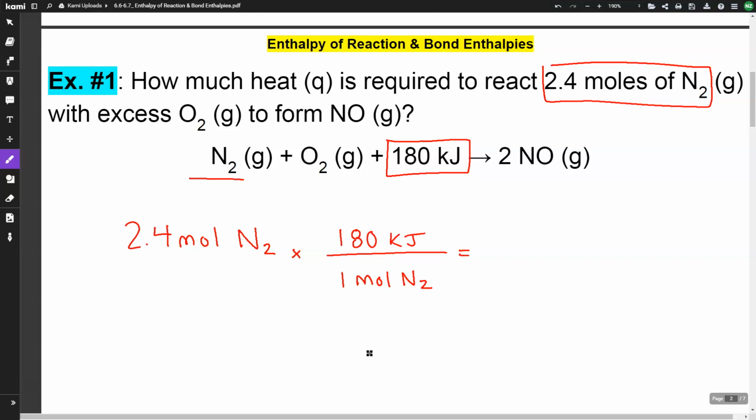If we multiply this out on our calculator, we're going to get 430 kilojoules. Again, each nitrogen requires 180. So if we have 2.4 moles of nitrogen, we multiply that 2.4 by the amount of energy required for each to get the total required for, in this case, 2.4 moles.